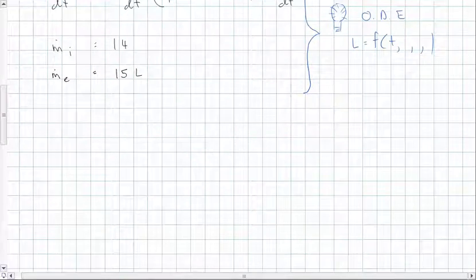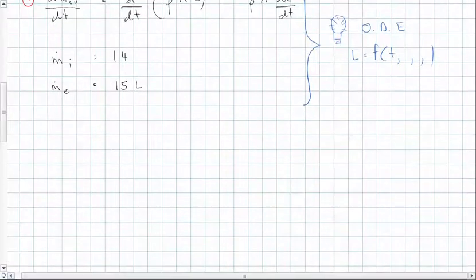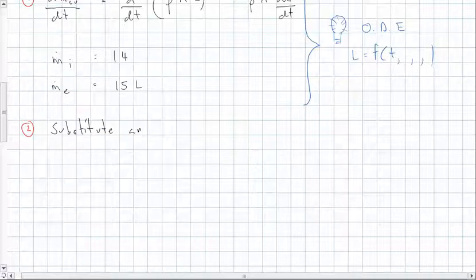How will we do this? We're going to combine this. So the first step, just to be clear, is to work from your governing equation, substitute, and combine.